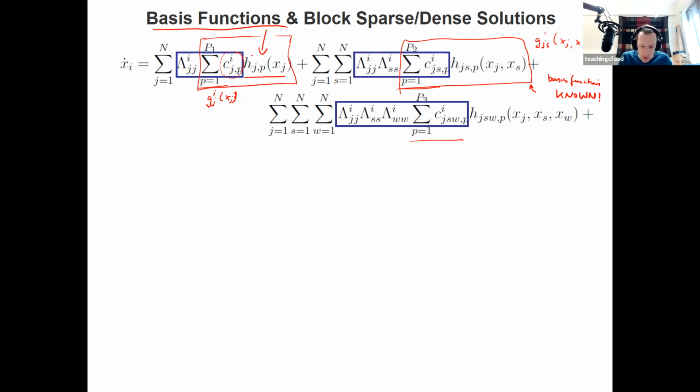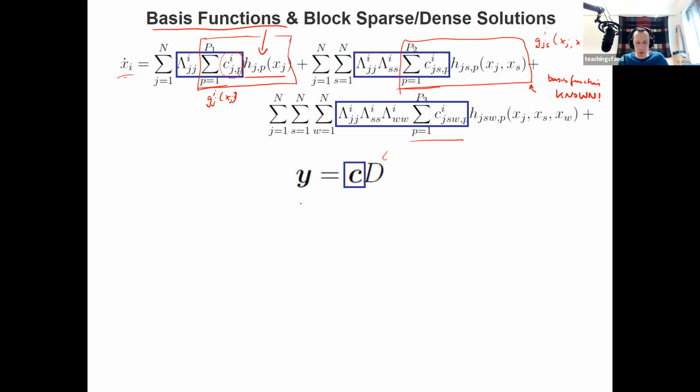So everything here are numbers once you put in your time series recordings. So in total, what you get is a linear equation. This is a collection of these derivatives, this is the collection of coefficients, and this is a collection of basis function entries.